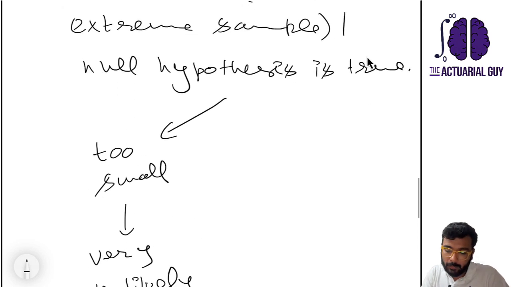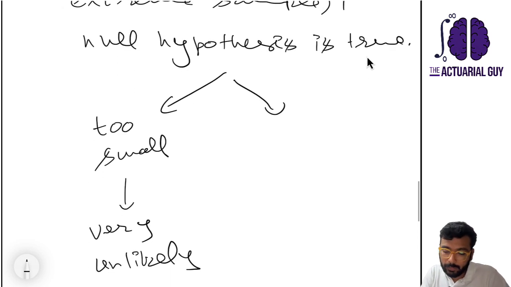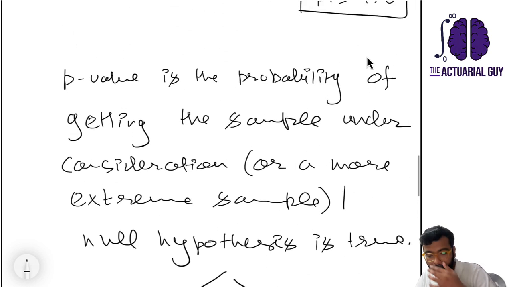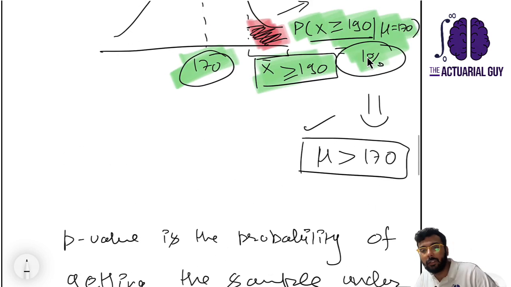But on the other hand, if this probability is large enough, we can't reject the null hypothesis. So let's say there is a 15% chance or 20% chance that your sample mean could have been more than 190, right?